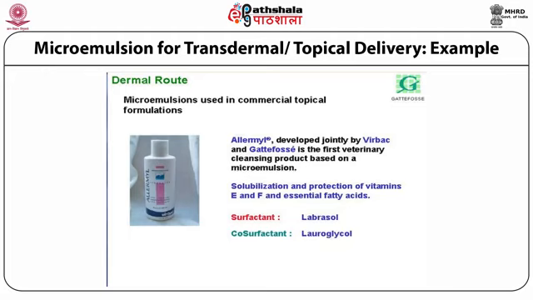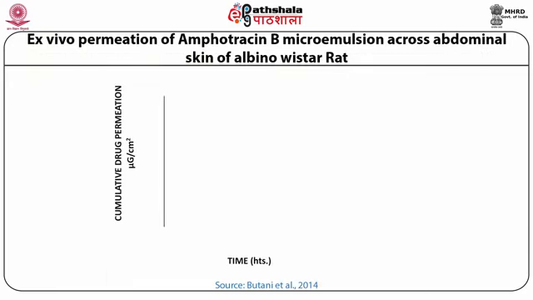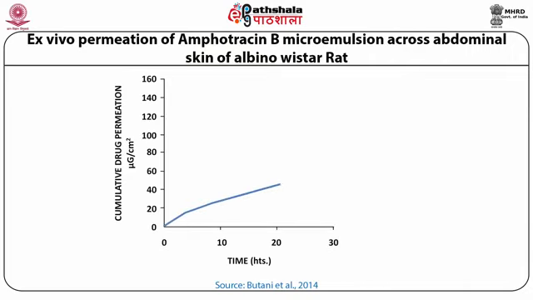It consists of the surfactant Labrasol and the co-surfactant Labroglycol. Therefore, the benefits of microemulsion based topical and transdermal delivery systems are clearly evident. In another example, ex vivo permeation of amphotericin B microemulsion across the abdominal skin of albino Wistar rat is examined.